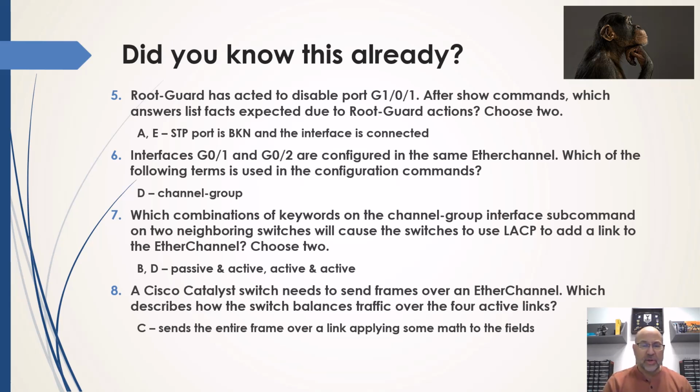Question number 8, a Cisco Catalyst switch needs to send frames over an EtherChannel. Which describes how the switch balances traffic over the 4 active links? Okay, this has to do with load balancing, and so what we have to realize is that there's a mathematical calculation based on the fields that determines over which link the frame will be sent.